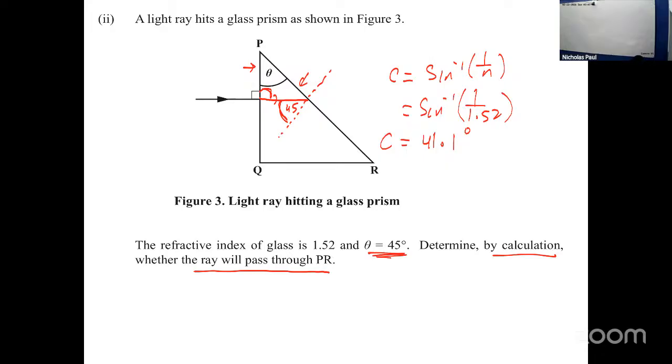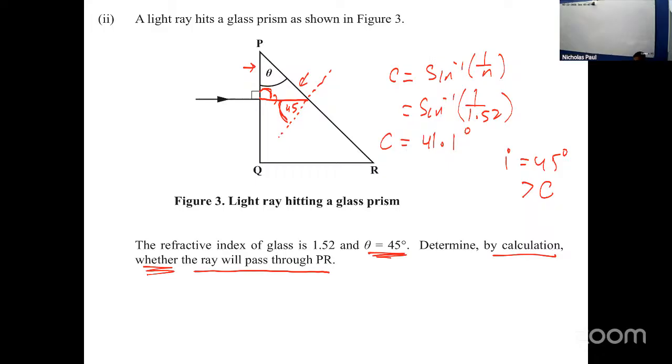After the crash course, right, so what will happen? Critical angle is 41.1. The angle of incidence is 45. So the angle of incidence is greater than the critical angle. They have to write the answer, because they ask whether or not.